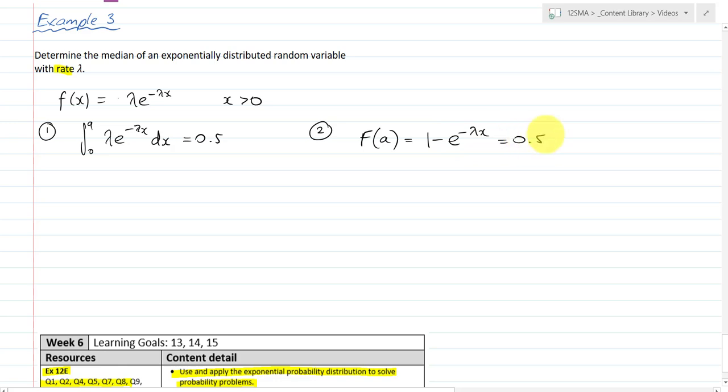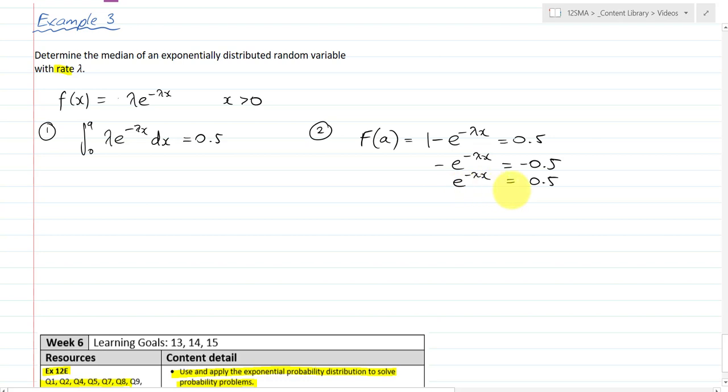And I might do it this way because it's a little bit easier. We're basically looking for the 0.5 mark of our exponential distribution once this is rearranged. So I get negative e to the negative lambda x equals negative 0.5, which gives me e to the negative lambda x equals 0.5.